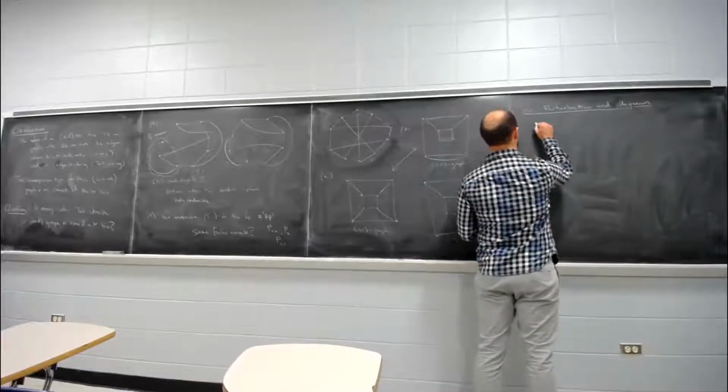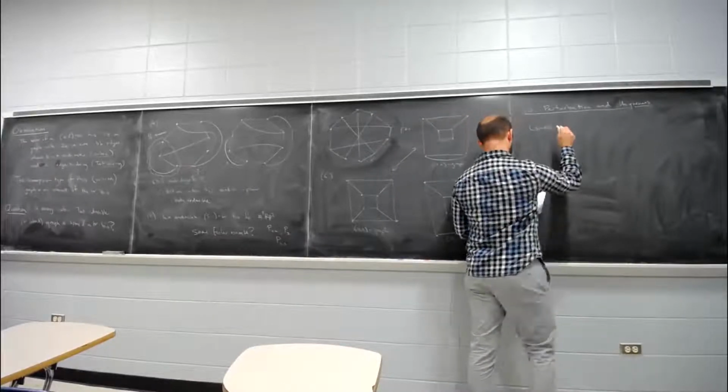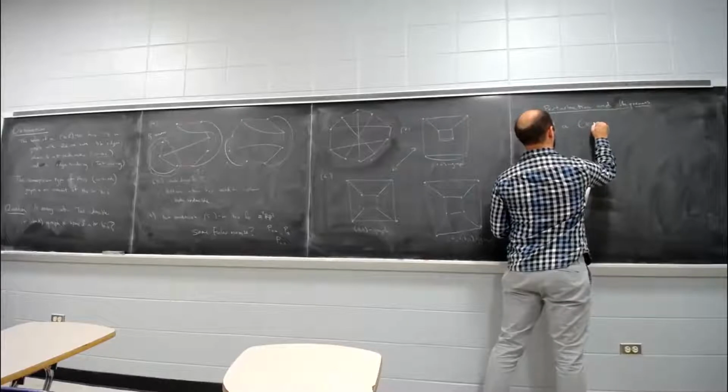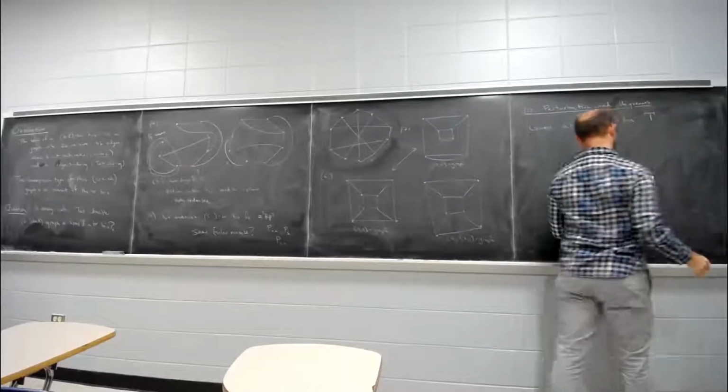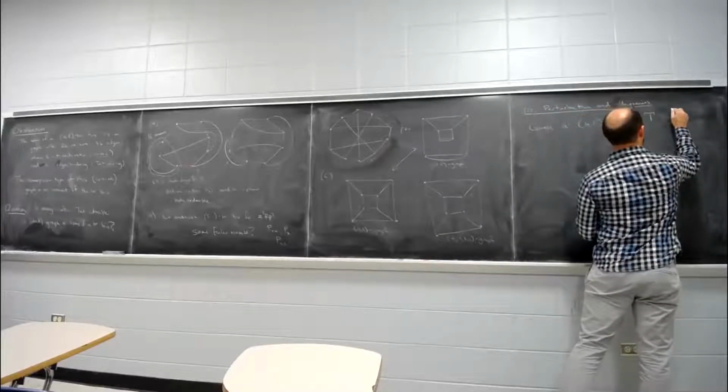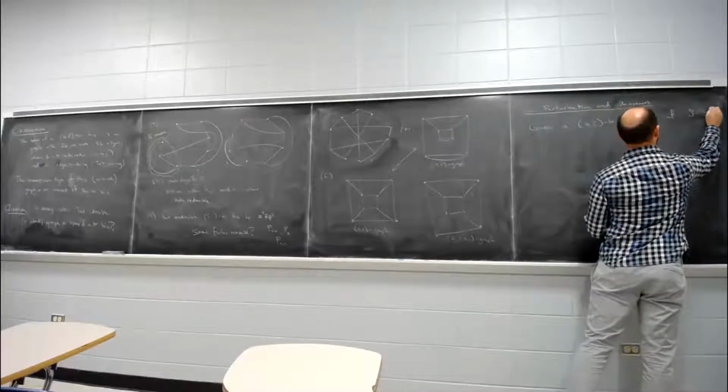Okay, so let's spell this out. So let's start with a bridge trisection, I guess I'll call it T, of some surface S in S^4.